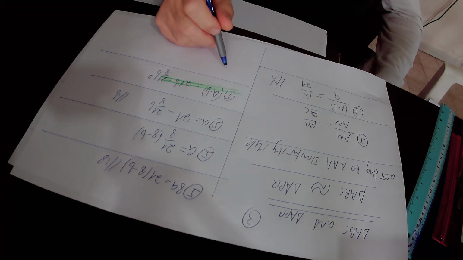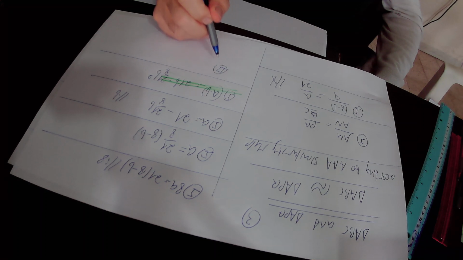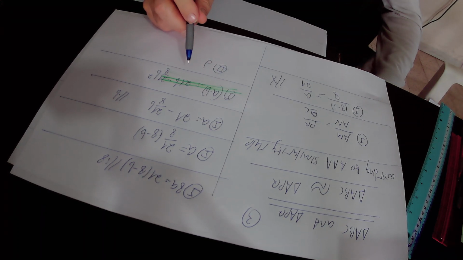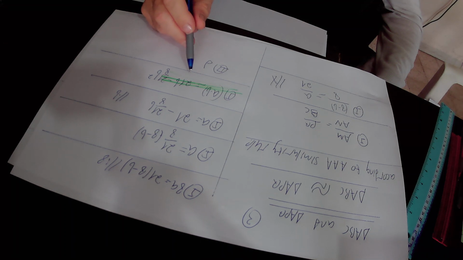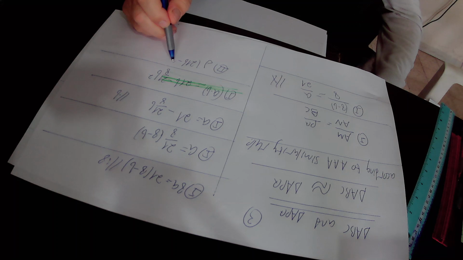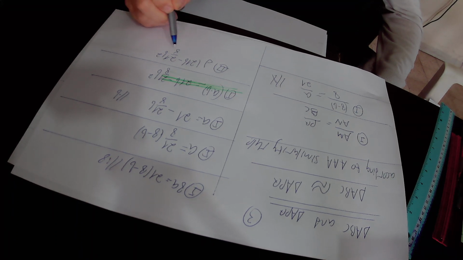So here D is the expression for derivative, so the derivative of the function area, that is actually 21b minus 21 over 8 b squared.